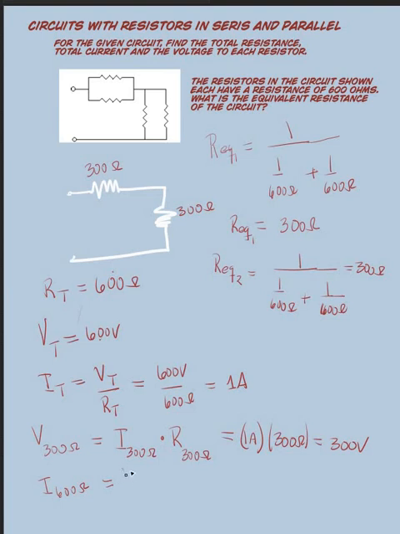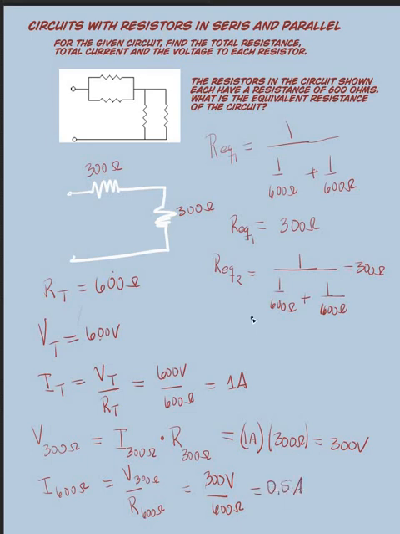It's going to be equal to the voltage of that 600 ohms, which actually happens to be 300 volts, divided by the resistance, which in this case is 600 ohms. And this is going to be what? 300 volts divided by 600 ohms. It will give us 0.5 amperes.